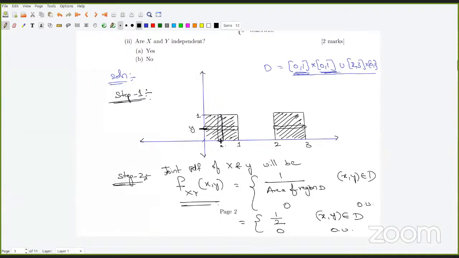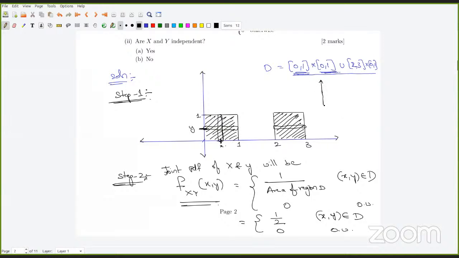There is no other extra limit. This is the logic: if the limit remains the same, then we consider only one region. If limits are changing, then we have to take all the regions. Like for x, limits are changing from 0 to 1 and then from 2 to 3.